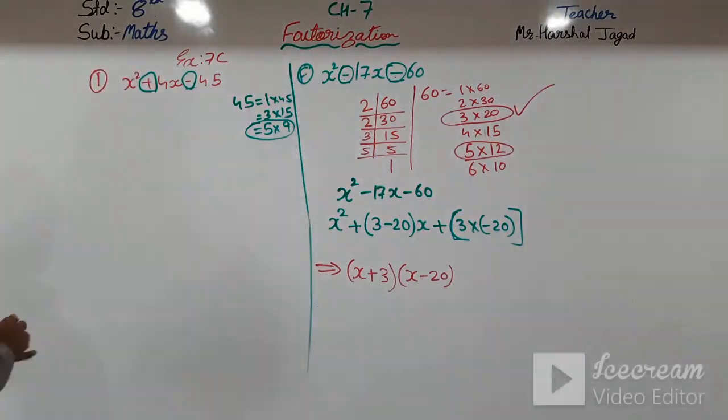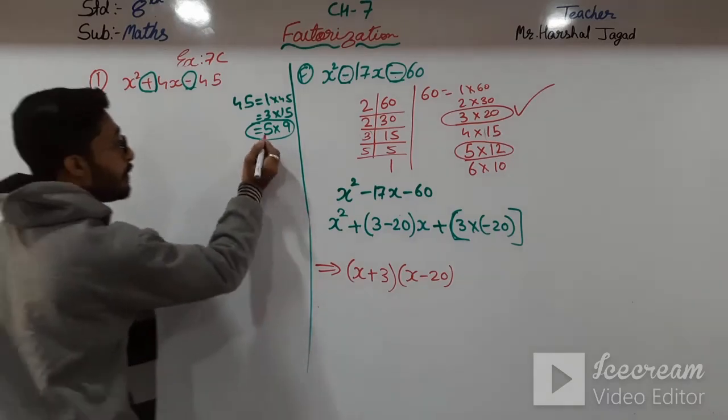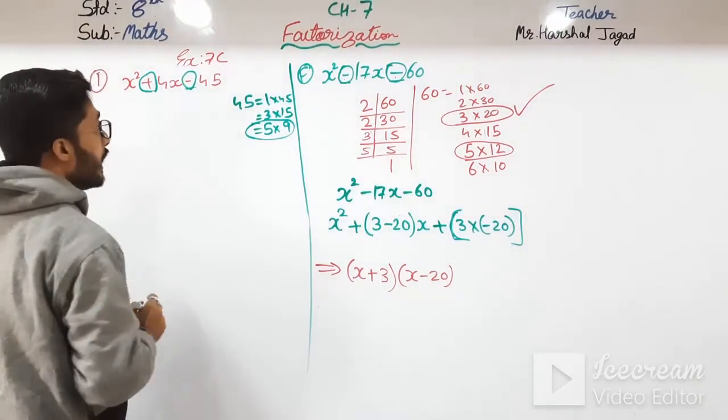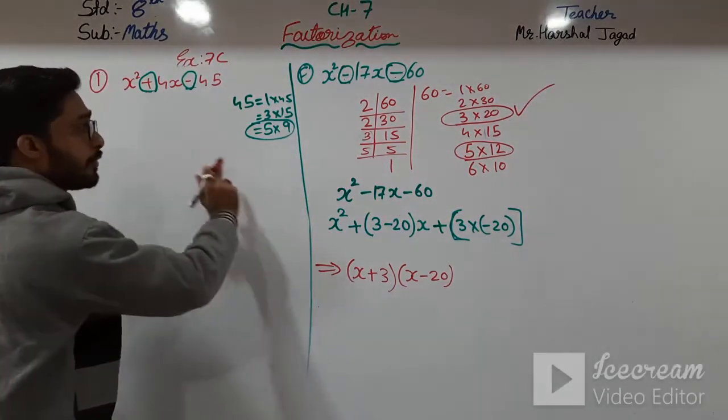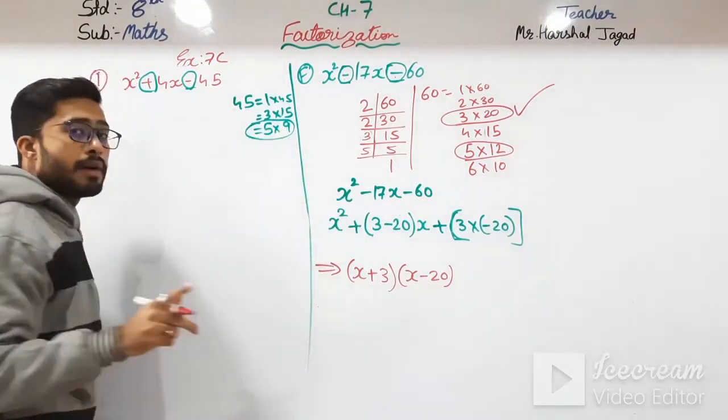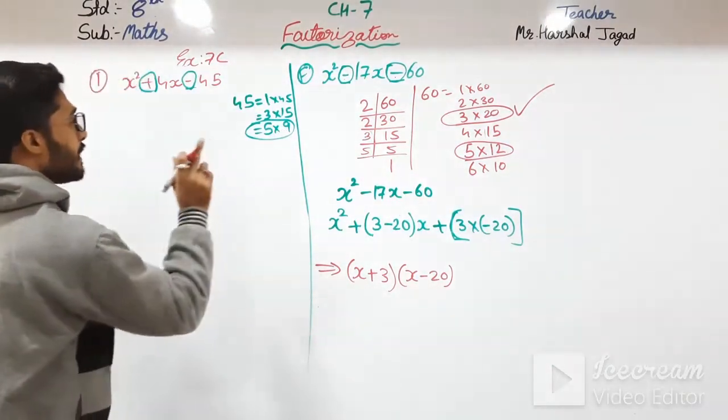Yes or no, students? So how will we do it? Which one will be plus and which one will be minus? Here you can see there is plus 4, so we have to take the bigger number as plus and the smaller number as negative.